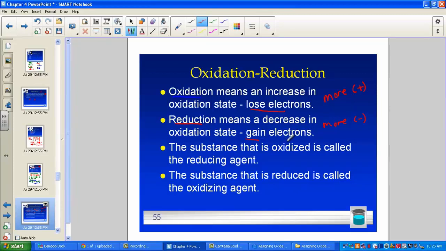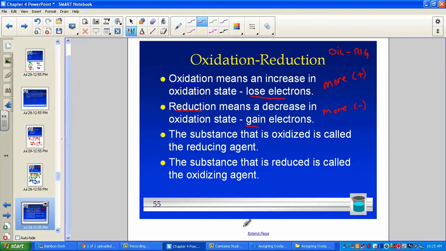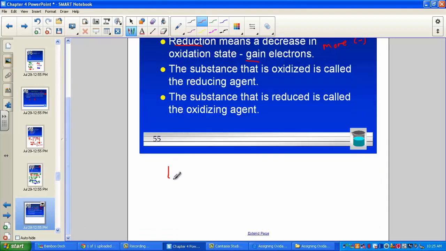There's a little saying that helps me remember oxidation and reduction. Some teachers I've heard use the term OIL RIG. Oxidation is loss, reduction is gain. However, the one that I've always used is LEO says GER.